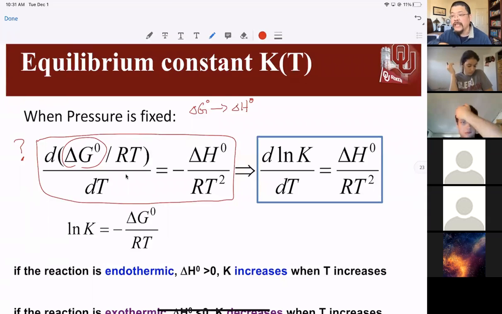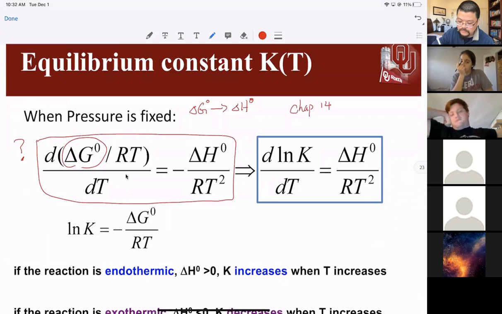So if we can figure out that, then I think we're able to connect chapter 14 with chapter 4. Okay, I think we can do that.